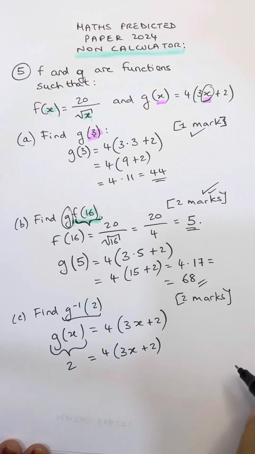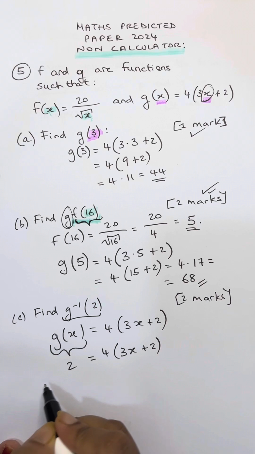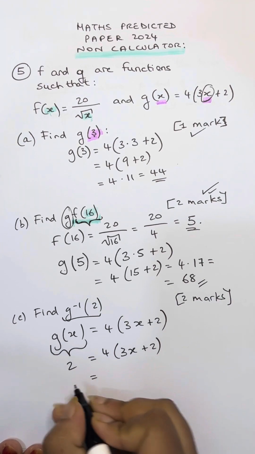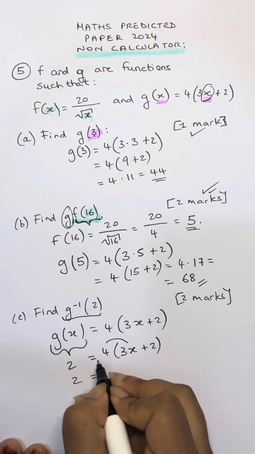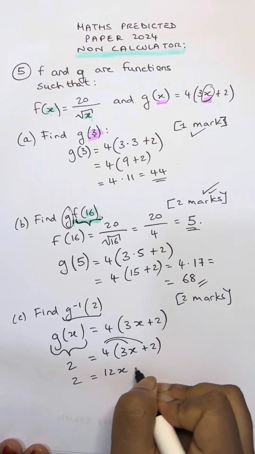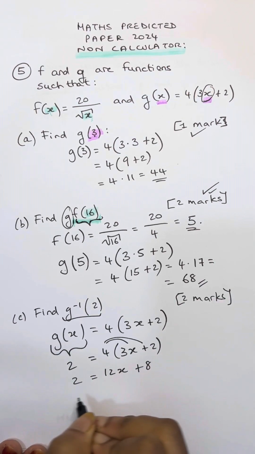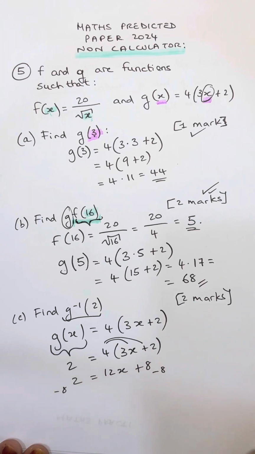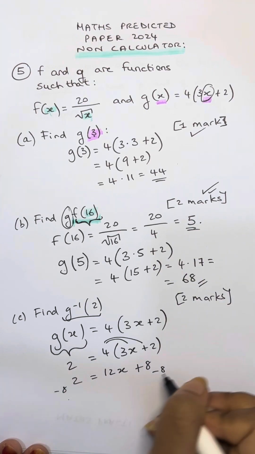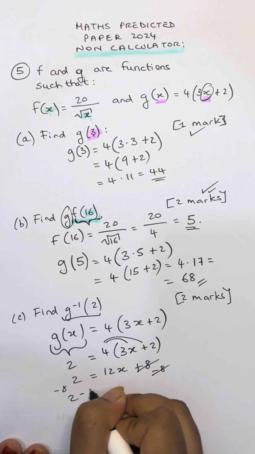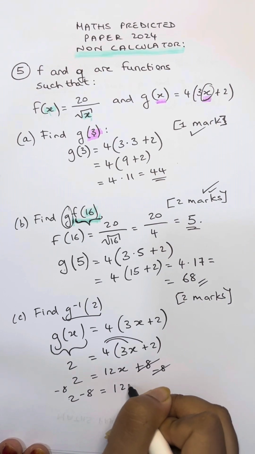Now all you have to do is expand the bracket and solve for x. So 4 times 3x, that's 12x, and then 4 times plus 2, that's plus 8. I need to take away 8 on both sides, as this is a linear equation, so that's going to cancel out, and this is going to be 2 take away 8 equals 12x.